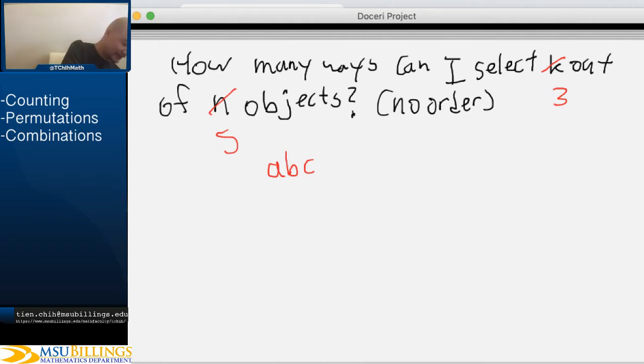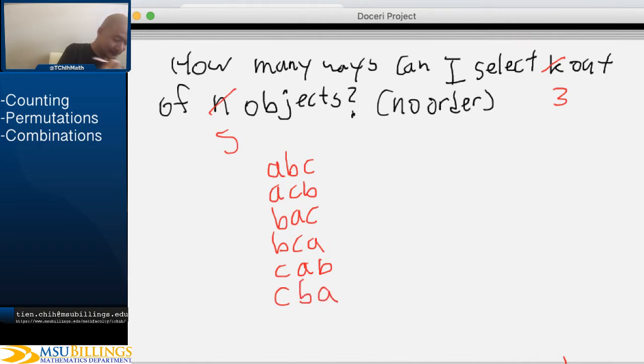It's like, well, we can start writing them out. There's ABC and ACB, there's BAC and BCA, CAB and CBA. And we can look at that and say, all right, is that all of them? Yeah, it should be all of them. How do I know that's all of them? Well, besides the fact that I can't really see anymore, that's 6, right?